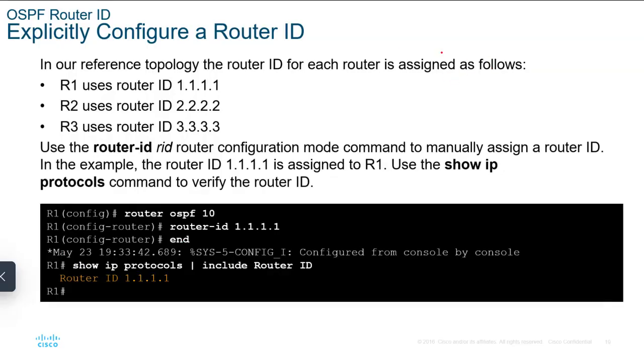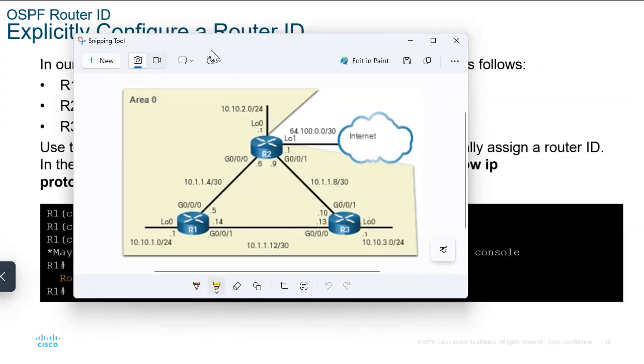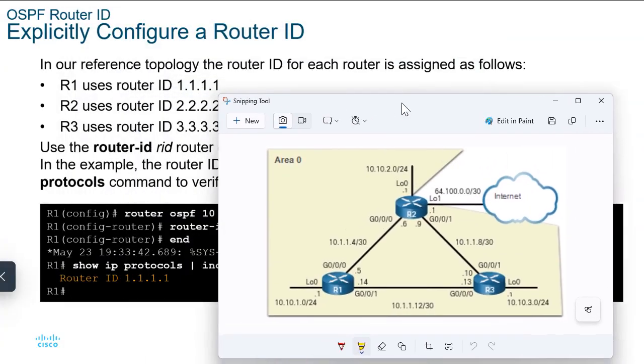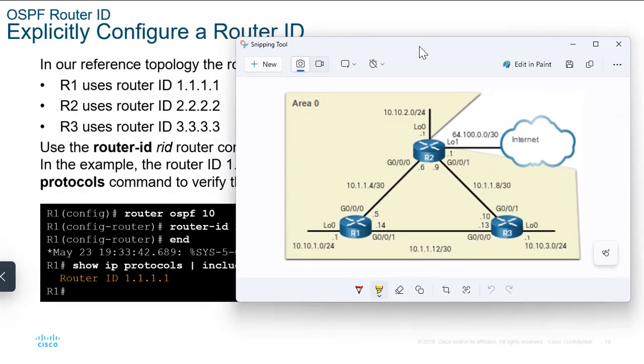In our reference topology, you remember the reference topology. Let me try to bring it back so that you're able to look at it. This is our reference topology. On router 1 the router ID is 11. On router 2, the router IDs are not indicated here, but what we have there are loopbacks.